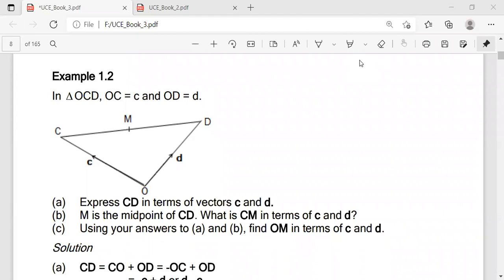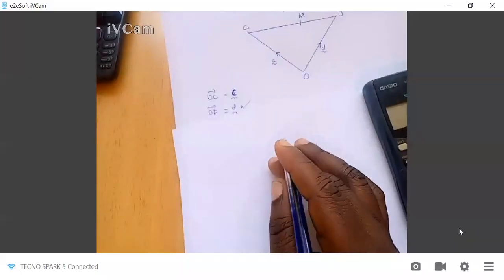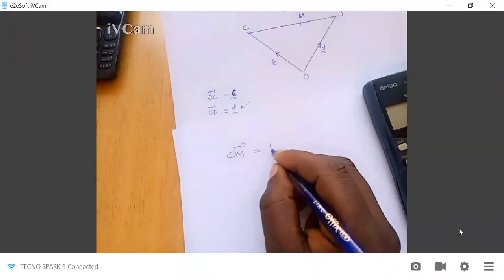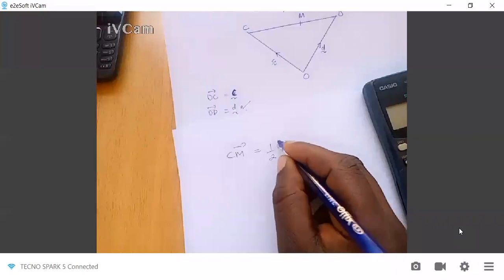I think it is true that CM is a half of CD. So straight away, you come and write that CM is equal to a half of CD.